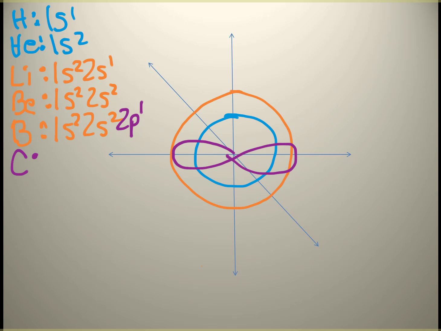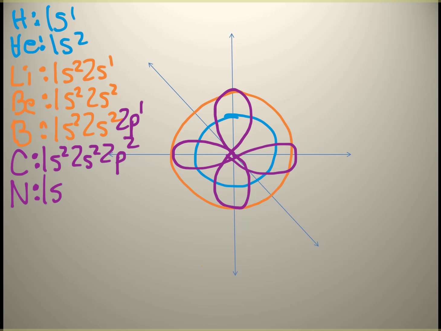After boron is carbon. Now you might think, oh, just put that second electron in that 2p orbital, but the atom doesn't like to scrunch its electrons, so it's actually going to put it in this py orbital. Nitrogen would have all of that plus 1 more, and again, it doesn't scrunch its electrons.